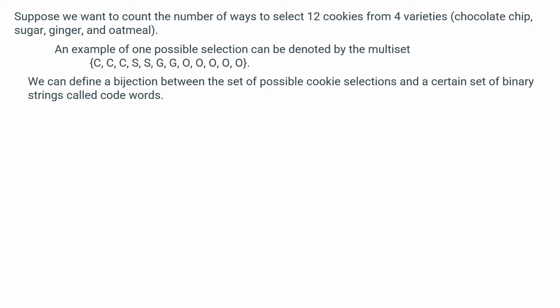Then we use what we know about binary strings to be able to count the number of ways possible. So we're going to do that again. We're going to come up with some kind of bijection that maps possible cookie selections to binary strings, and we can call them code words in this case.